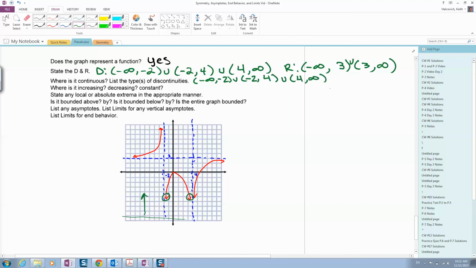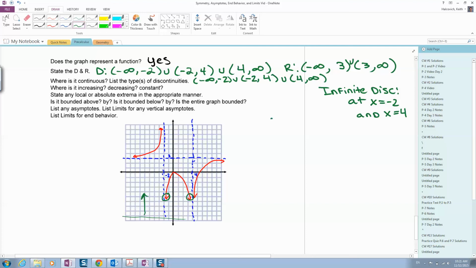The discontinuities, well, there's an infinite discontinuity at x equals negative 2 and x equals positive 4. That's where the two vertical asymptotes are. The horizontal asymptotes are not discontinuity, because remember, we're only talking about x when we talk about discontinuity.